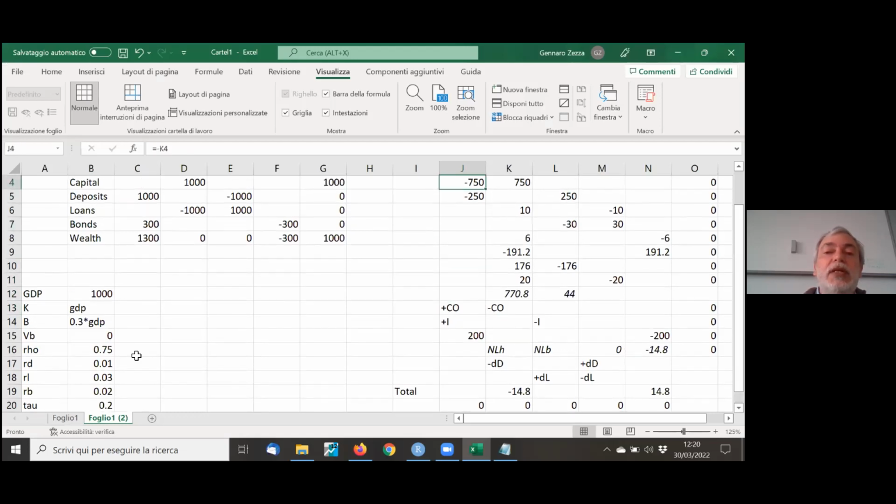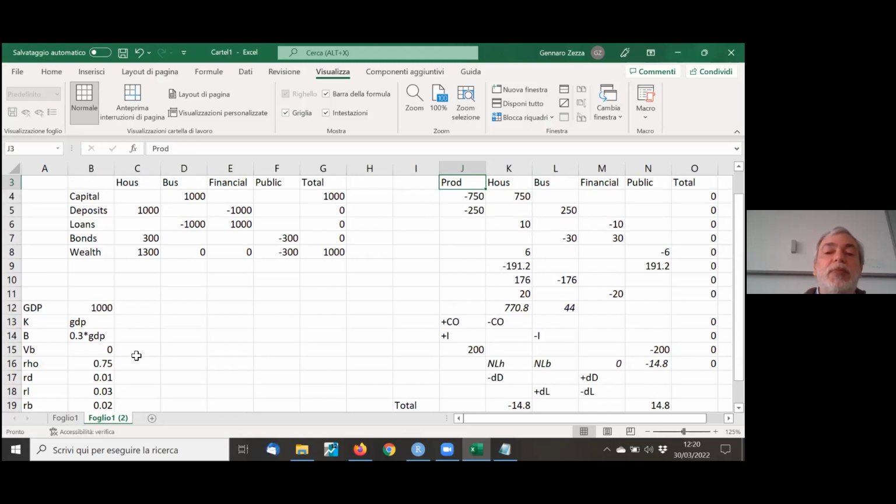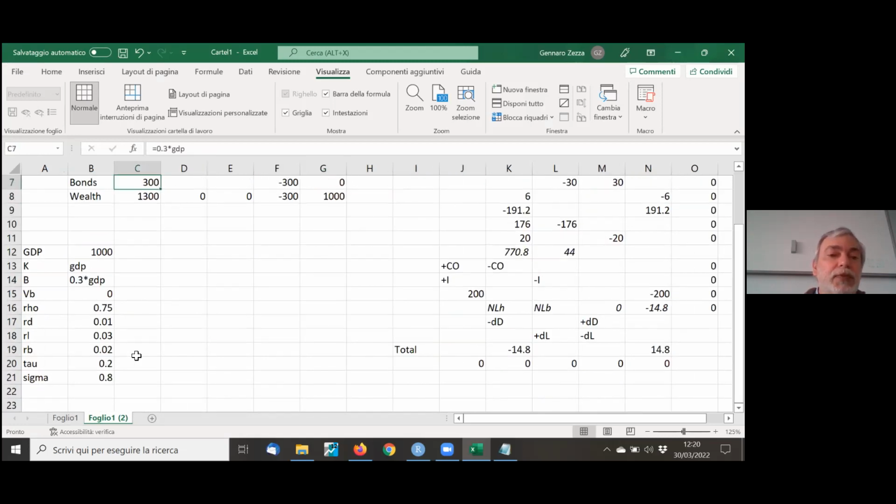So since GDP is 1,000 and we have 200 for government expenditure, I'd say that it's reasonable to have 100 for investment and 700 for consumption. So we want our equation for consumption to give 700.